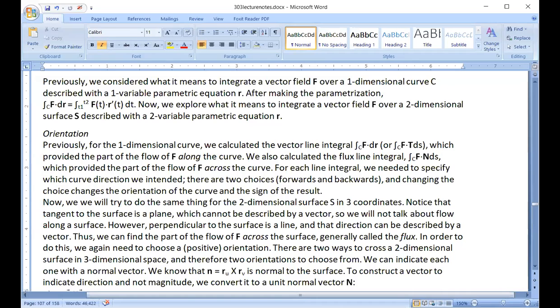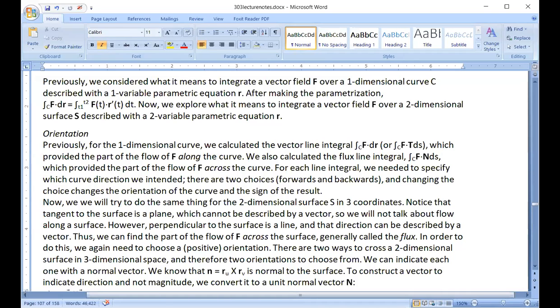Now we already know how to make a normal vector. If our parameters are u and v, we take dR/du and dR/dv, which are tangent vectors, and take the cross product, which gives us a normal vector. And in fact, we're going to take the direction of this normal vector as our positive orientation.